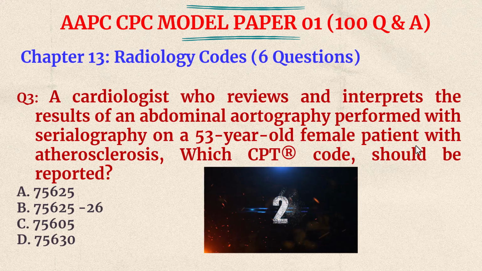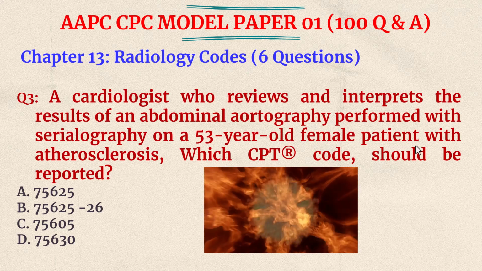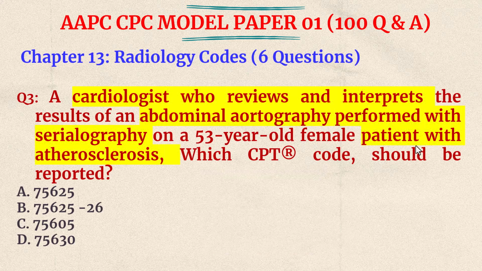3, 2, 1. Okay, in this case, you have to highlight that this is a cardiologist who reviews and interprets abdominal aortography performed with serialography on a patient with atherosclerosis. When you see the answers, they are all adjacent codes: 75625, 75625 with a modifier, 75605, and 75630. So you can use the elimination method to find the answer.